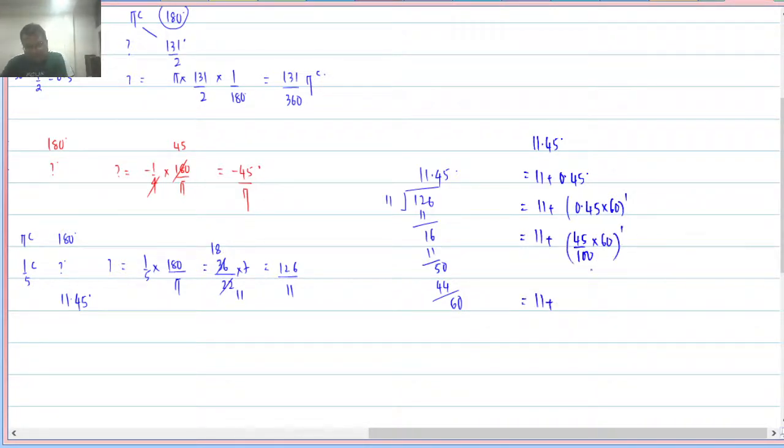The 0 gets cancelled. 45 into 6, 6 4s are 24, 6 5s are 30, 270. 270 upon 10 minutes, which is 11 degree plus 27 minutes, which is 11 degree 27 minutes. That is the answer.